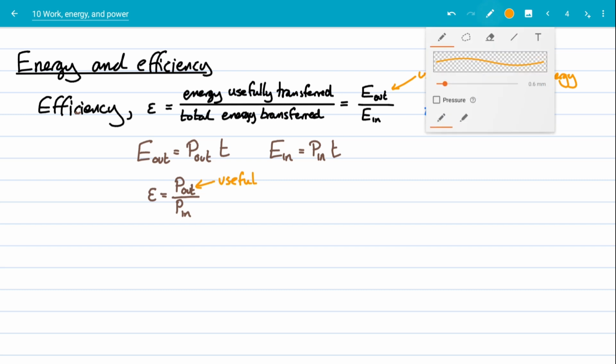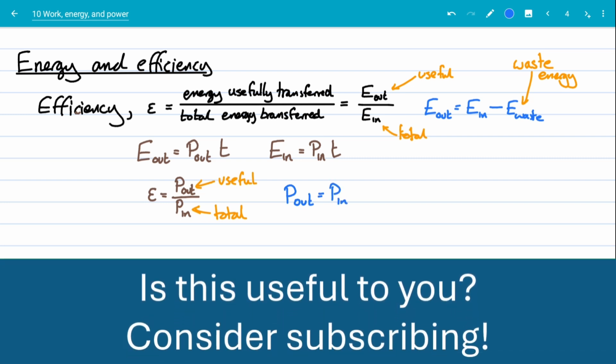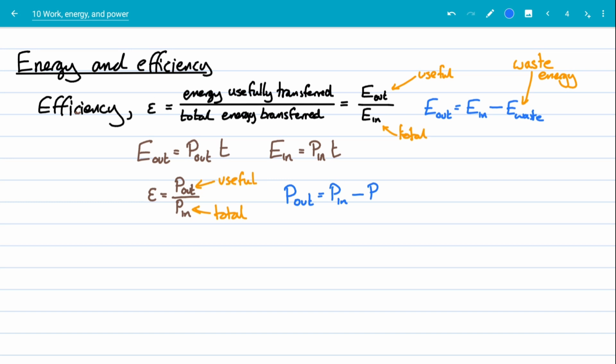And in the same way as we had before, this is total transfer. And the same way as we had before, we could say that the useful power out is equal to the total power out, subtract whatever was wasted. The same idea. So we can have our efficiency equation in terms of power.